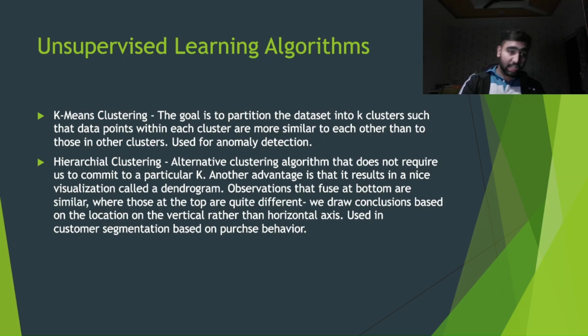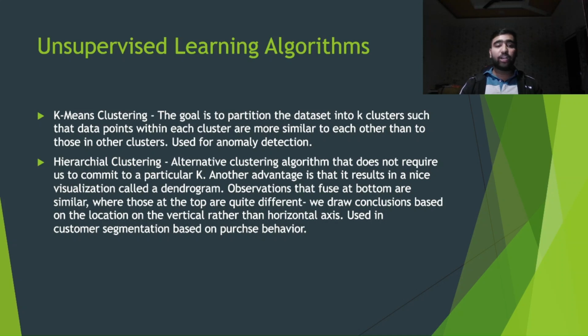purchase behavior. So hierarchical clustering differs from k-means clustering in that the number of clusters is not pre-decided. In k-means clustering, I have already decided there will be k number of clusters for my data. In hierarchical clustering, the number of clusters is made on the basis of the fusion or the similarities between the data points, and it uses a dendrogram.